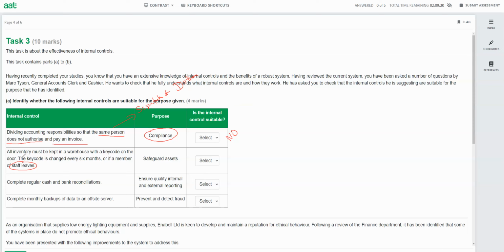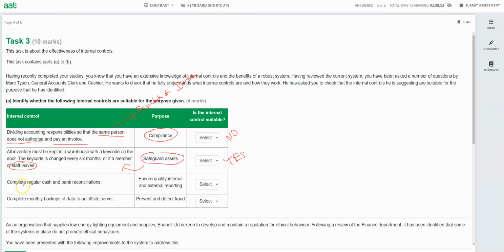So when we have a new employee because the previous employee left, we should change the keypad because the previous employee will not know it. For that reason, it safeguards the asset. If we do that, we will protect the asset. And this one will say yes. To safeguard the asset, this will be the right internal control.